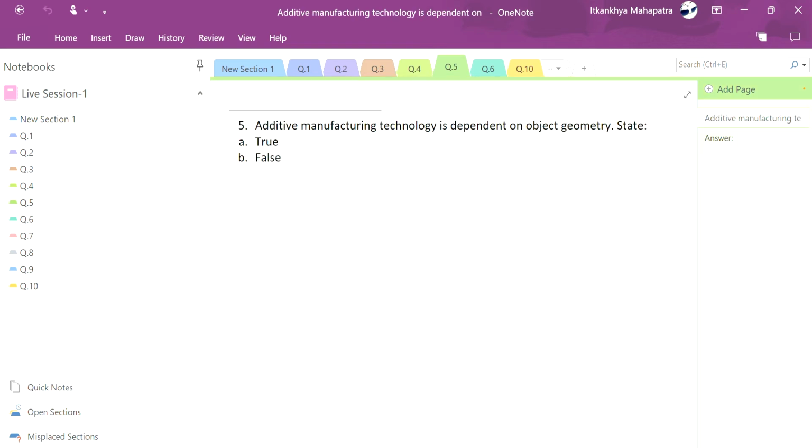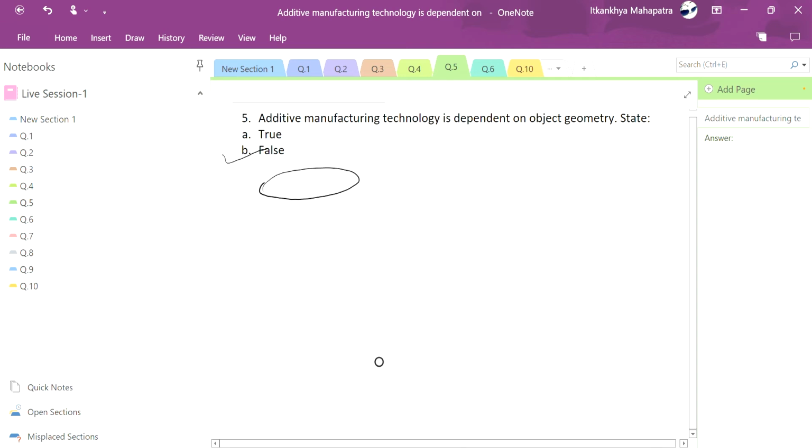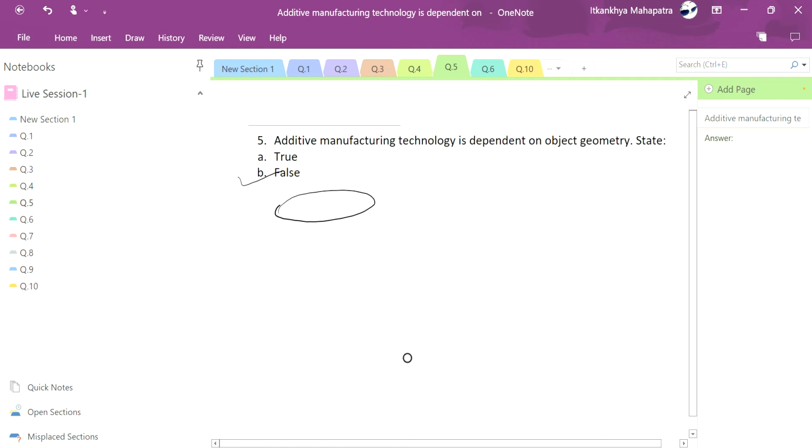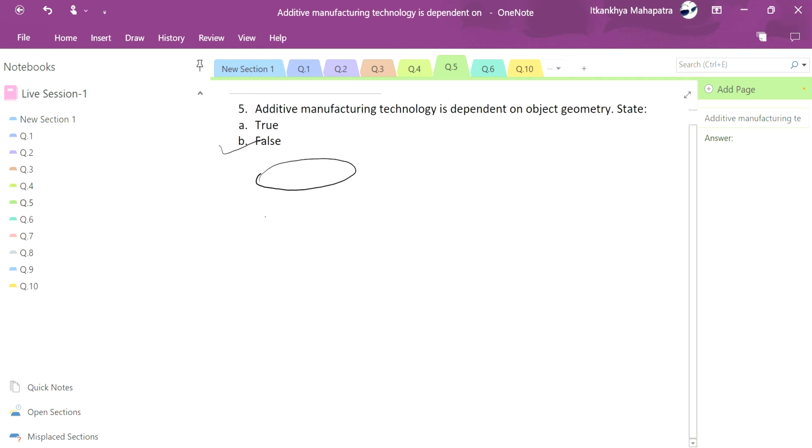The additive manufacturing technology is dependent on object geometry. Is the statement true or false? Yes, the correct option is false. So why is it like this? Suppose we have a cylinder and this is the hole inside that.